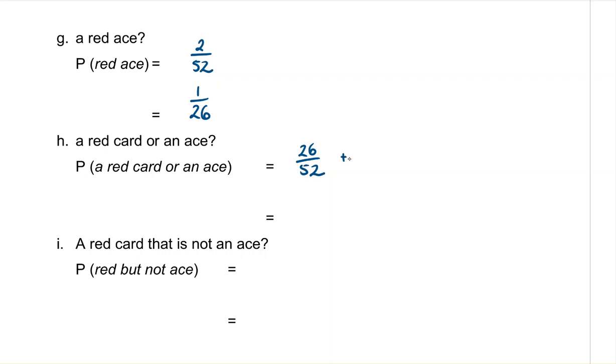So plus, no one should be talking, plus 2 out of 52. They already have the same denominator, so adding fractions, we do 26 plus 2 makes 28 out of 52, and that can be simplified even though there's not an extra line for it. I can divide top and bottom by 4. 28 divided by 4 is 7, 52 divided by 4 is 13.